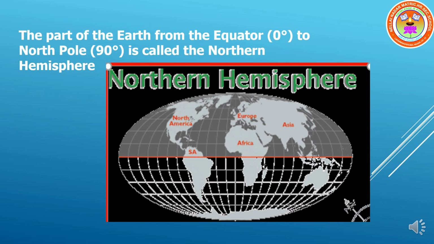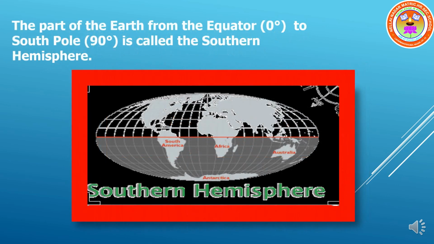Next, the part of the earth from the equator 0 degree to North Pole 90 degrees is called the northern hemisphere. Next, the part of the earth from the equator 0 degree to South Pole 90 degrees is called the southern hemisphere.